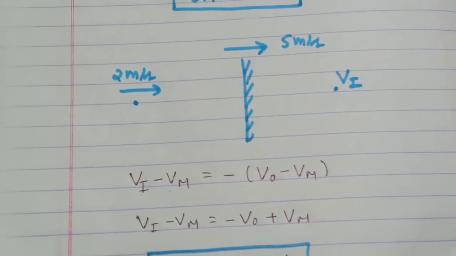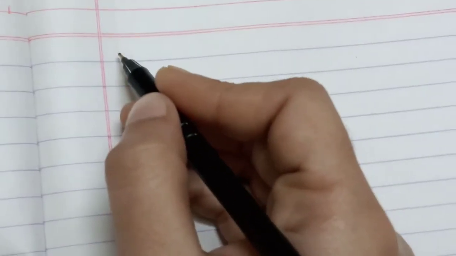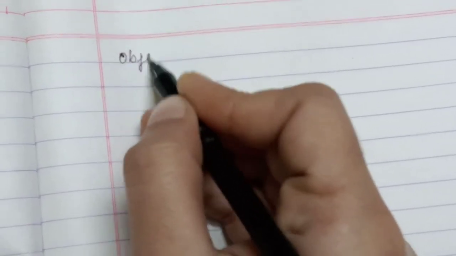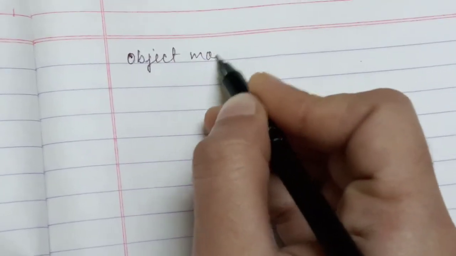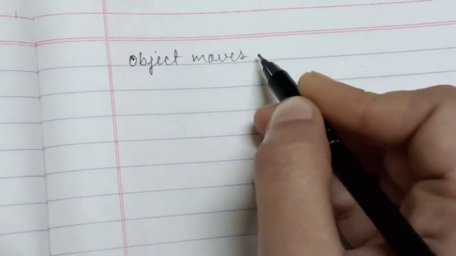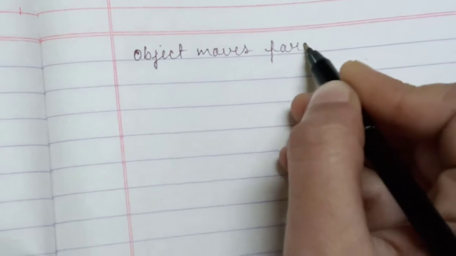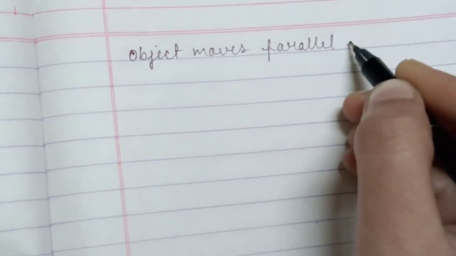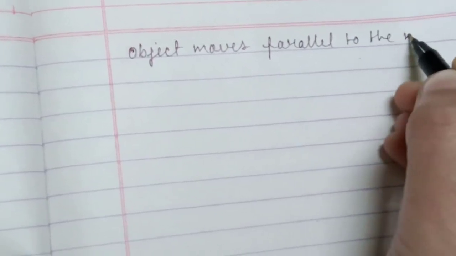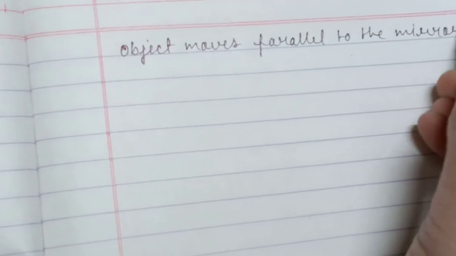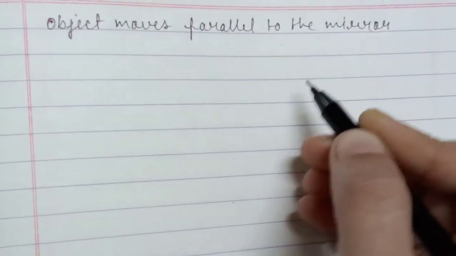So the next condition is when the object moves parallel to the mirror. This is the easiest condition.